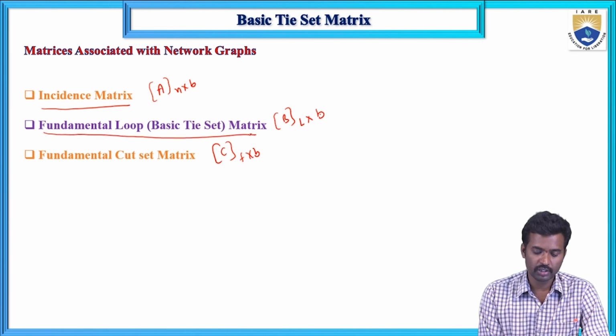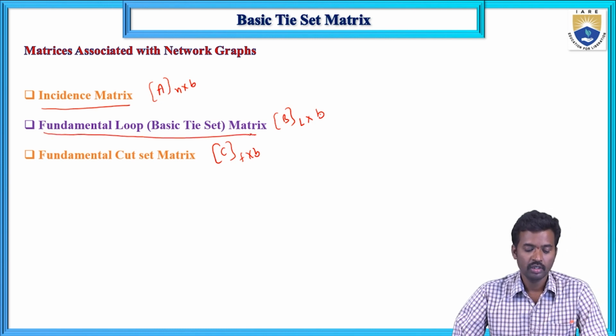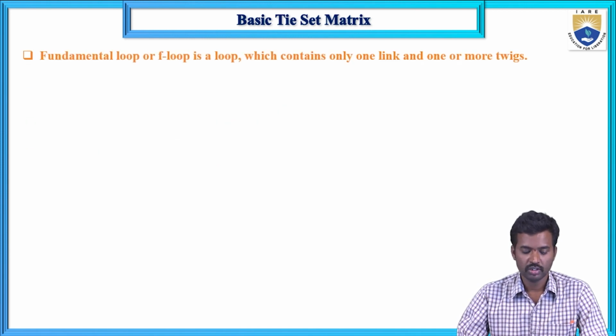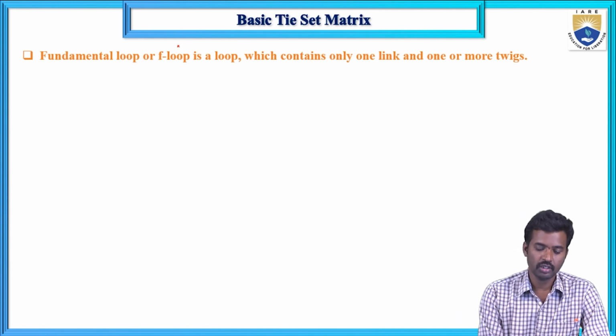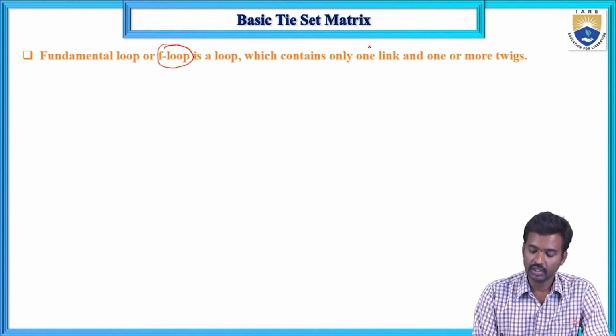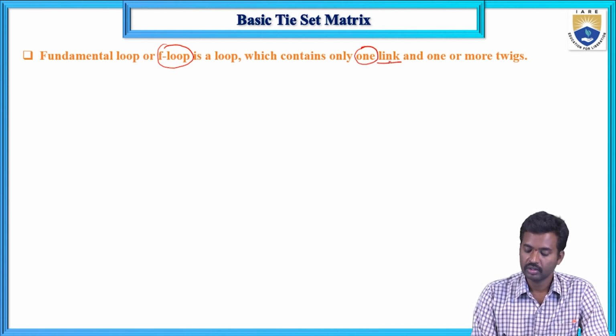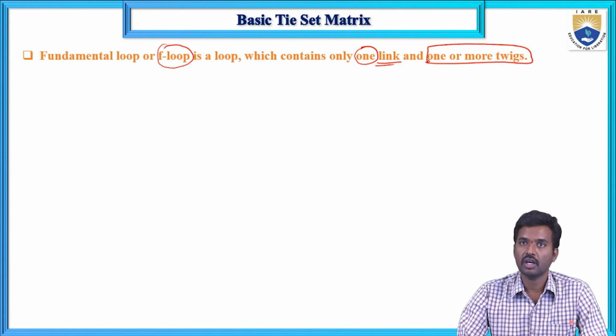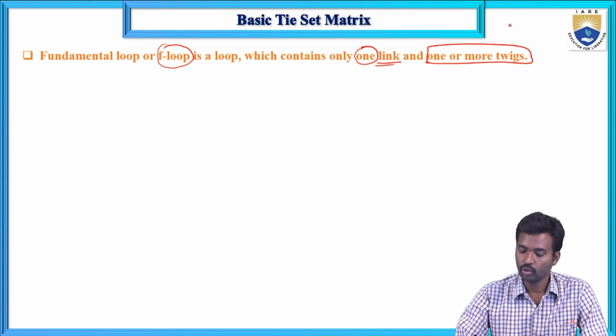In this lecture, I will explain the fundamental loop matrix, that means the basic tie-set matrix. We can also call it the F-loop, where F indicates fundamental. A fundamental loop is a loop which contains only one link and one or more twigs.